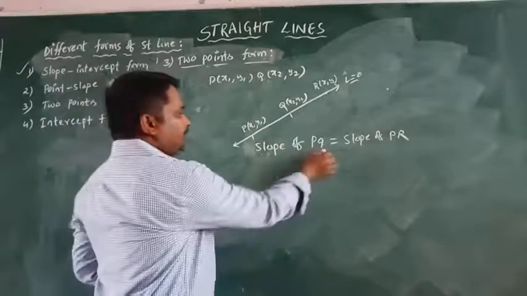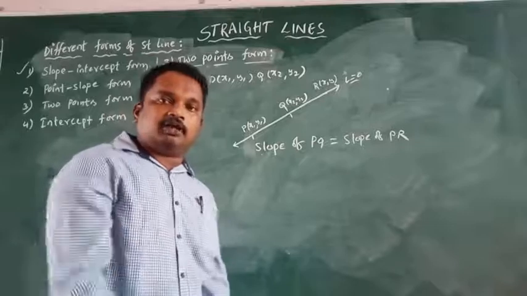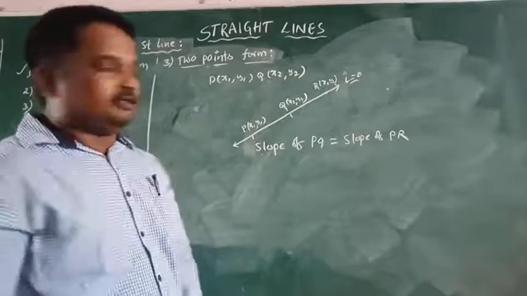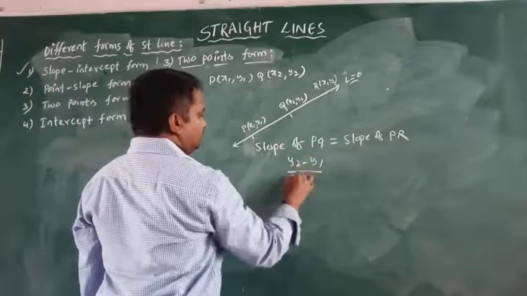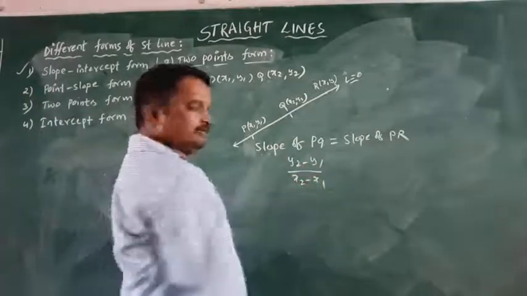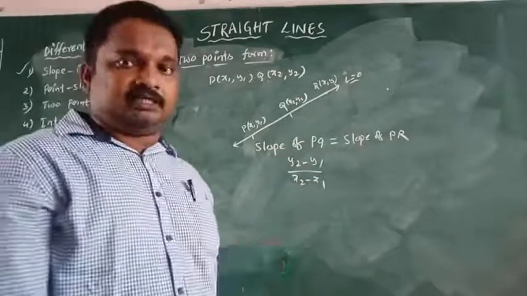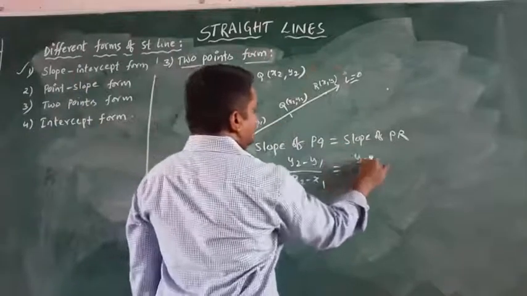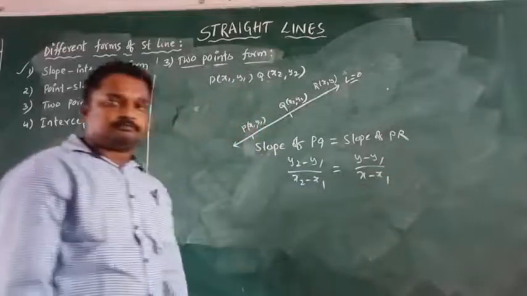So the slope of PQ, if you know two points on a line, the formula is (y2 minus y1) by (x2 minus x1). Generally we may say the difference of ordinates by the difference of abscissae. So the slope of PR is (y minus y1) by (x minus x1).